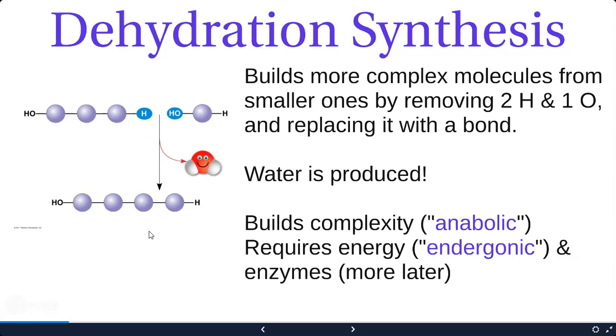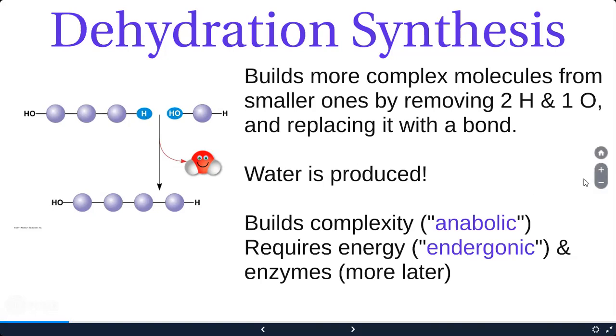Dehydration means the water is coming out of it, and synthesis means you're building a larger molecule. Condensation is another term for it, but it's not the same thing as condensation on your glass of iced tea. That's a different process. The water comes from removing a hydroxyl group from one molecule and a hydrogen from the other.